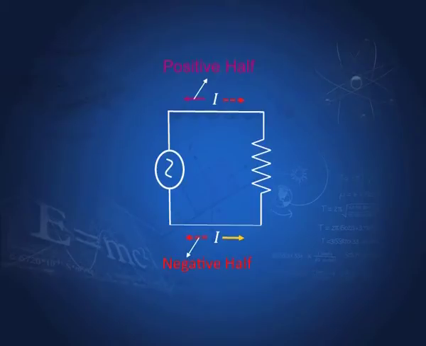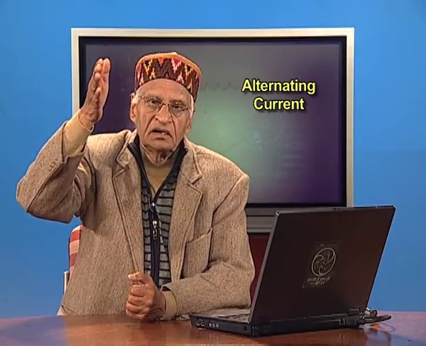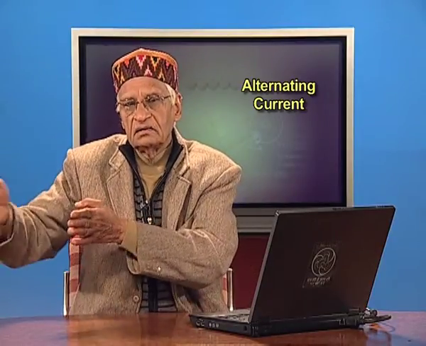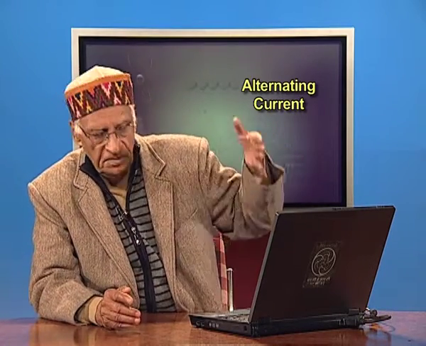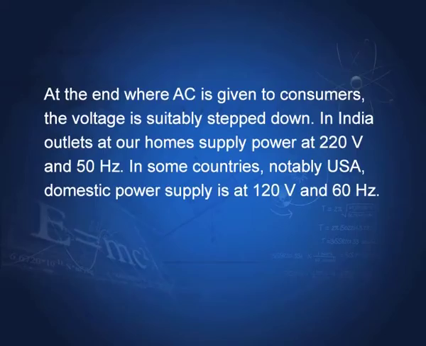We shall see that in this lecture or maybe the next one. We step up the voltage of the supply at the plant, and then at the place of the consumer we step it down to a suitable level, so that there is no danger. So, that is the advantage of AC. DC cannot be dealt with in this fashion. At the end where AC is given to consumers, the voltage is suitably stepped down.